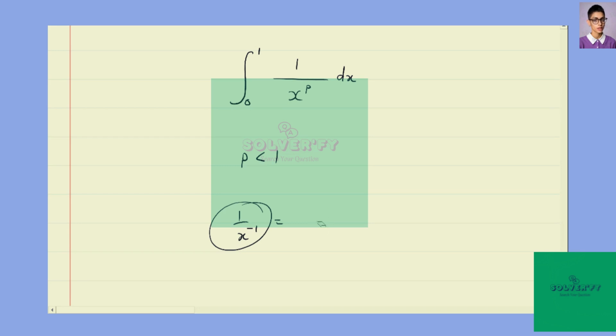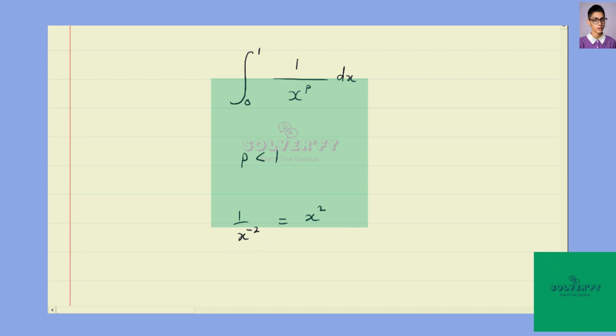On the other side, if you have p to be negative 2, then we have the whole thing as x to the power 2. The whole thing here resolves to x to the power 2.